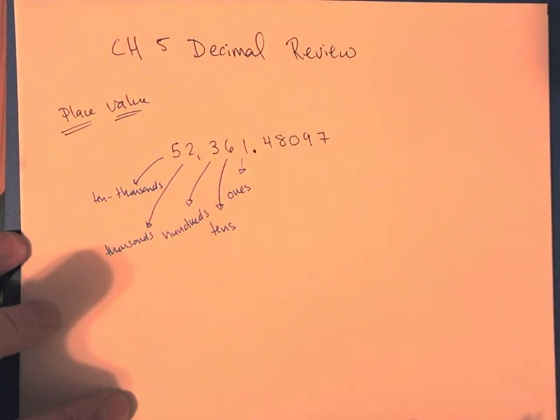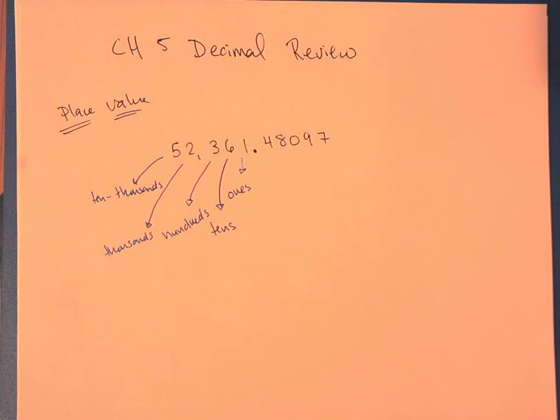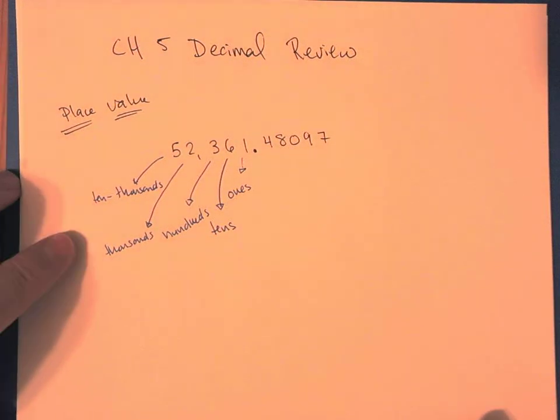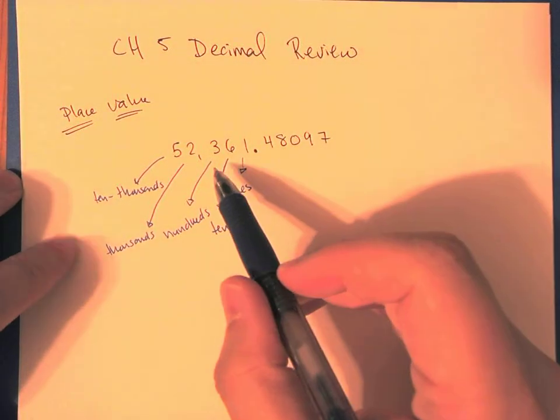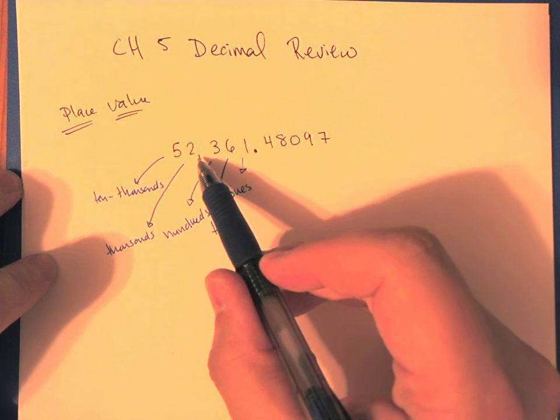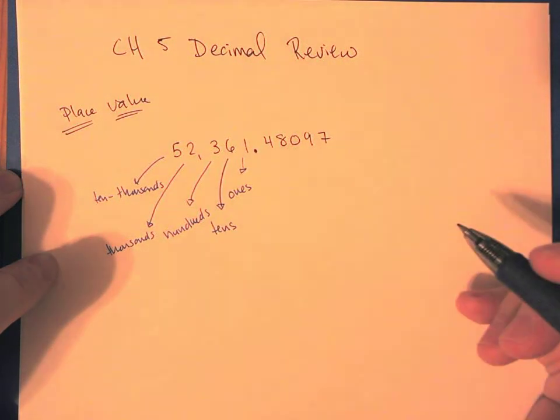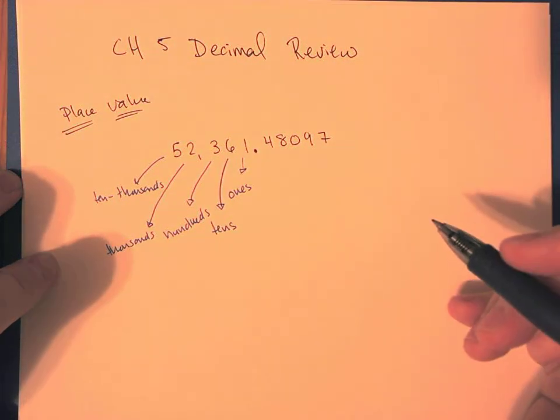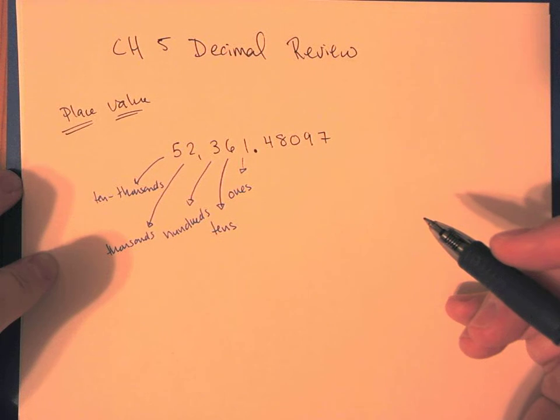So as you go, you get bigger, bigger, bigger: 100,000s, millions, 10 millions, 100 millions, billions, 10 billions, 100 billions, trillions, and so on and so forth. They go in threes as we get up. With our whole number values, we put the comma in to help break up the number and make it easier visually to figure out how big your digit is.